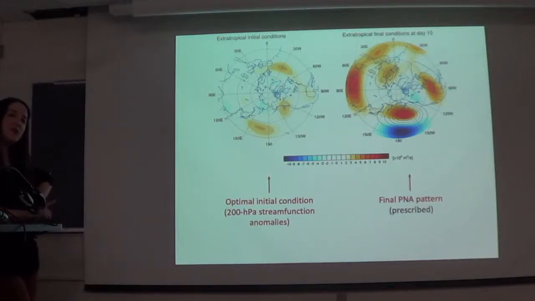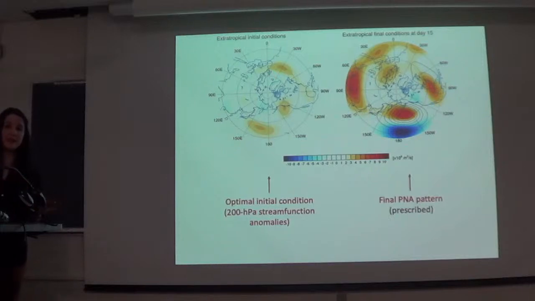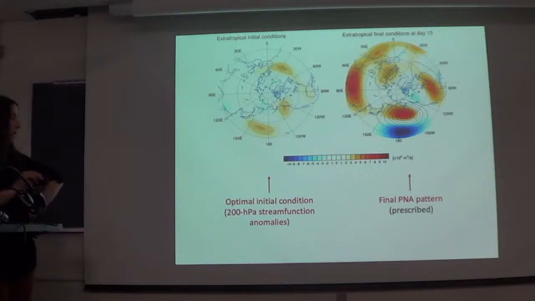Based on not this work, but based on composite analysis, the works that have previously linked MJO to PNA have found that certain MJO phases are associated with one phase, and the opposite sign PNA phases are associated with the opposite MJO phase.